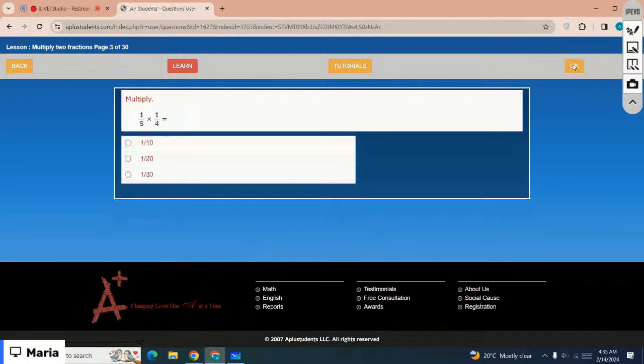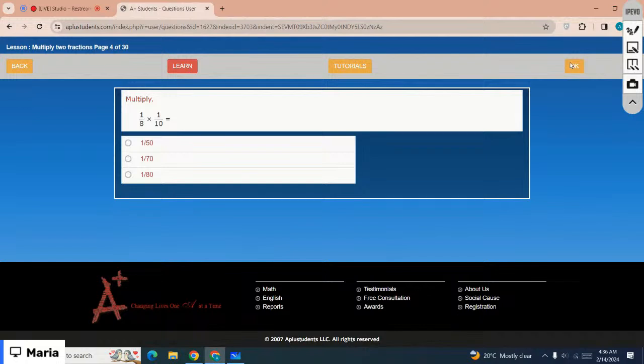The next one is 1 by 5 times 1 by 4. Which is the correct option? The correct option is 1 over 20.